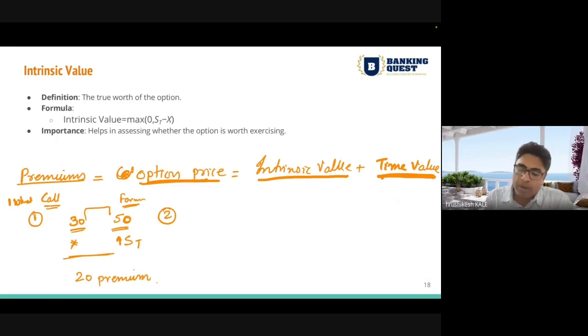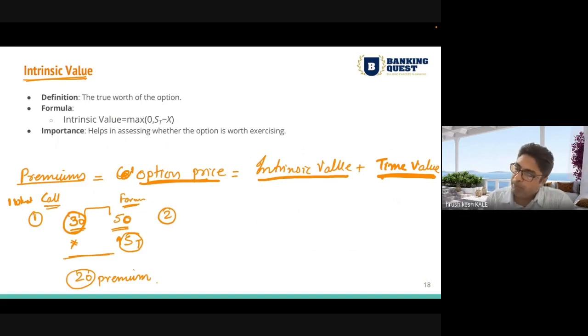Otherwise, farmer will be at loss. Now, this 20 rupees, which is equal to the difference between current market price and your exercise price, that is called intrinsic value. That is the fundamental value of option.